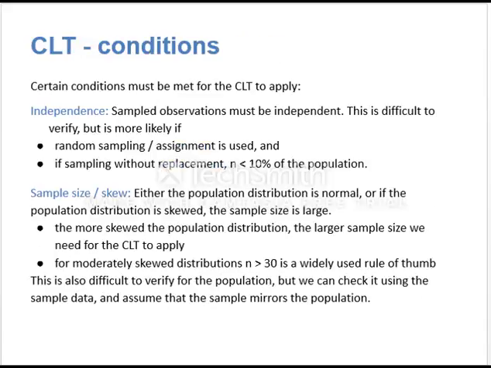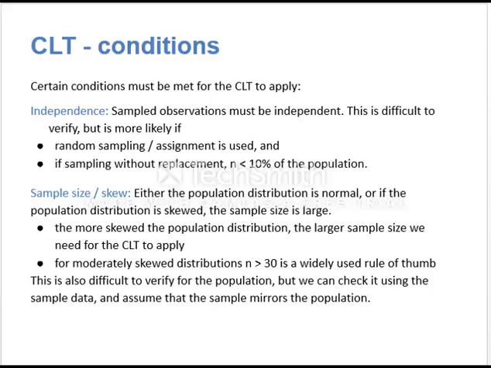So in order to apply the central limit theorem, which was characterized on that previous slide, we have a few conditions. First of all, independence. The sampled observations need to be independent. If random sampling and assignment is used, that's generally going to be true. If sampling is done without replacement, as long as your sample size is less than 10% of the population, you're probably fine.